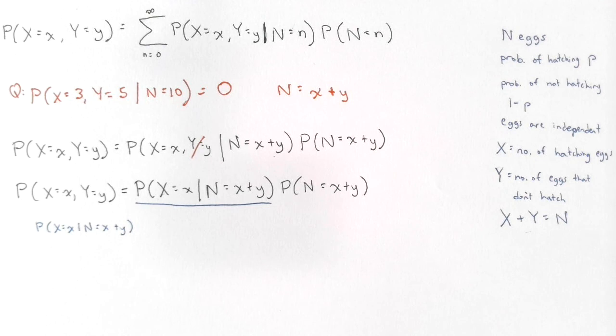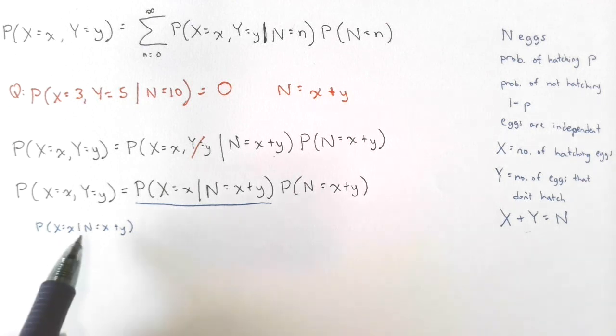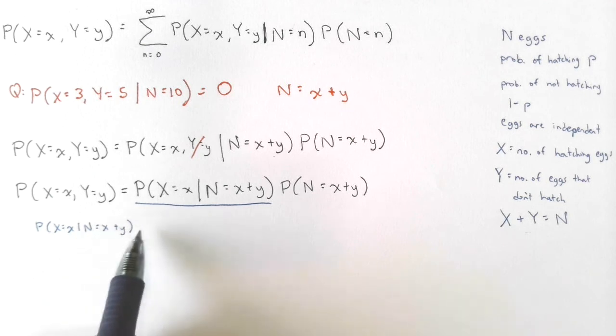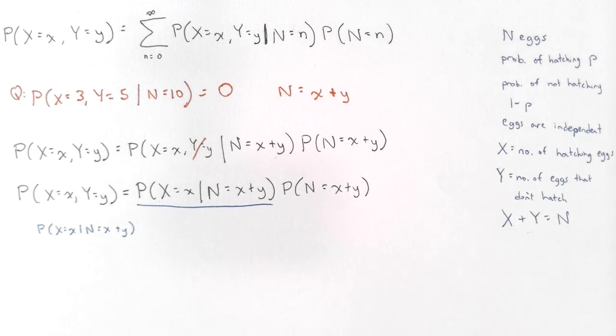So each egg is a trial, and each egg that hatches is a success. So N is the number of trials, and you can see that it's a fixed value, X plus Y. So it's a known value. We have a fixed number of trials, and X is the number of successes in those trials.